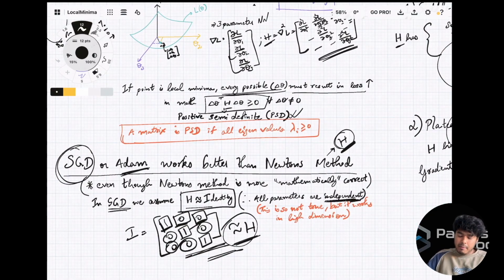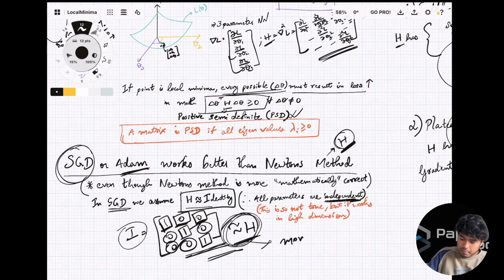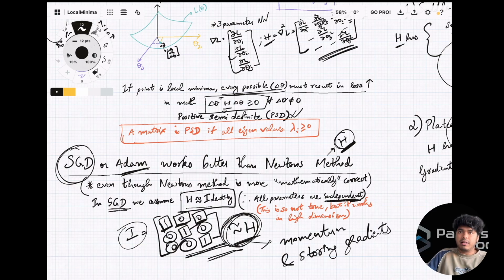If I had to give you a hint on how it works, Adam does not really approximate it to an identity, but Adam tries to approximate this by calculating the momentum and storing gradients. It approximates this in a different way, where it's not really identity, but we circumvent this by using another mathematical approximation, which we can discuss in maybe another video.